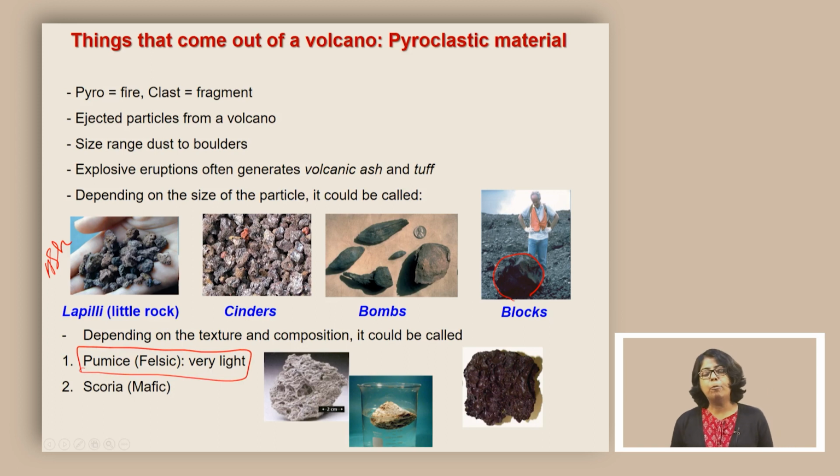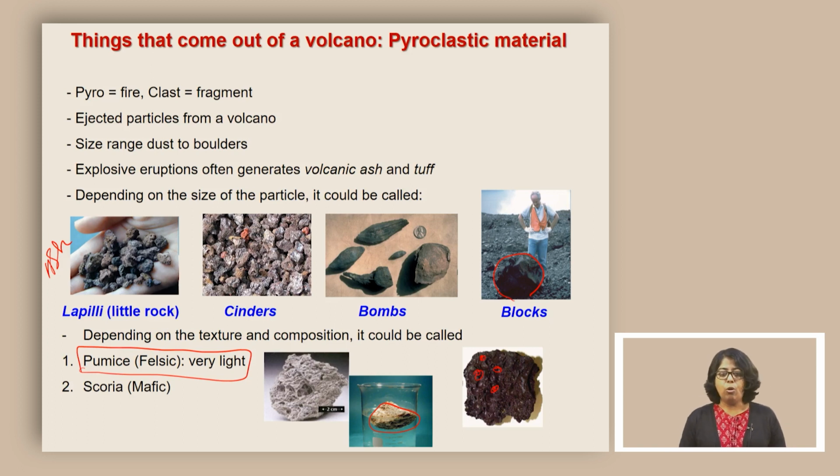It is made up of pretty much volcanic ash, and it is so light because of the holes inside that it can float in water. So, literally this is one rock which can float in water, and we are talking about a light felsic composition that also adds to this. A mafic version of it is called scoria, where you will also see these volatile escape structures, but it is not going to be as light as pumice.